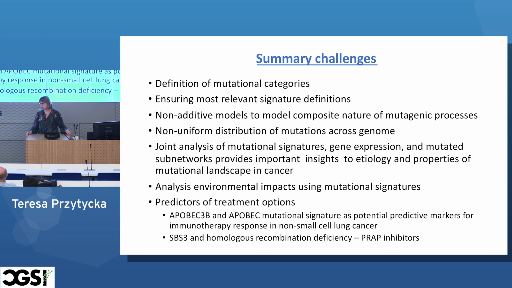I showed that we can also use those mutational signatures to study environmental impact. Directly, we can study it based on the cancer genome, but with enough single-cell sequencing, we may be able to pick up mutational signatures that do not lead immediately to cancer, and probe the environment without assuming that the individual has to be in a cancer state.